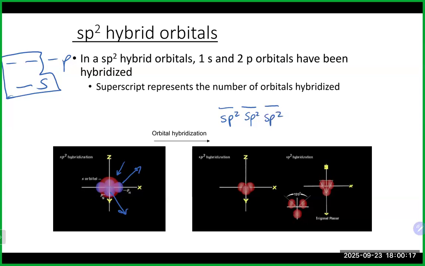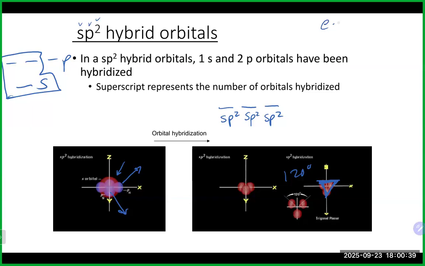Again, all three of them are going to be the same energy level, same shape. They actually will end up in this triangle type of shape, and it is 120 degrees apart from each other. How many letters did I use in this? 1, 2, and 3.